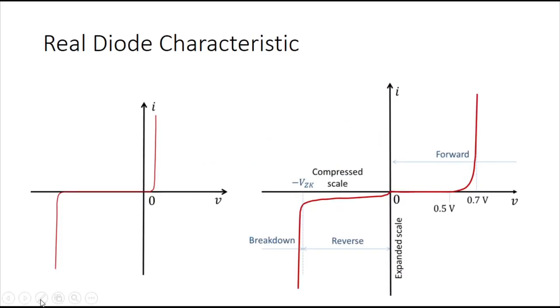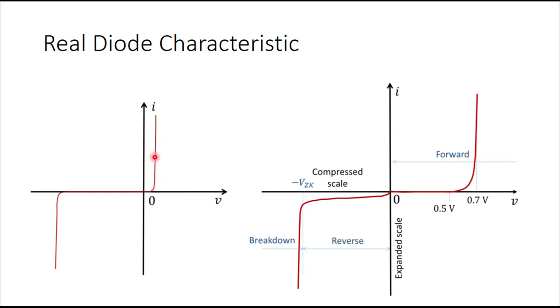So we said that the real VI characteristic looks like this, right? And this would be a good approximation. So an ideal diode model would be a good approximation of this characteristic if we assume that the forward voltages you are working with are much larger than 0.7 volts, right?